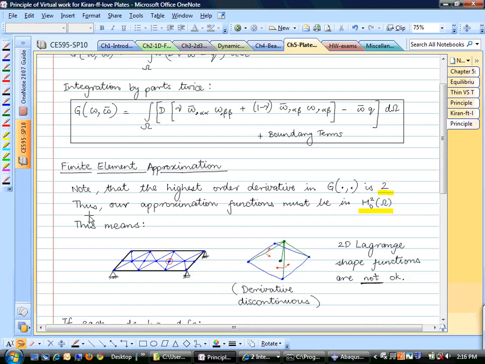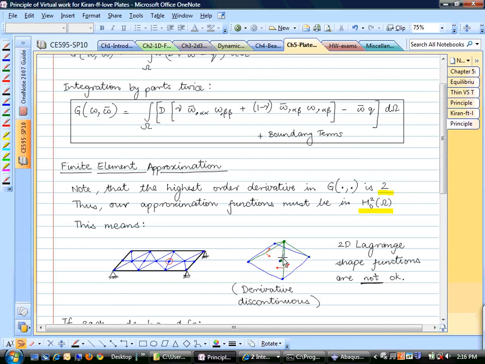So what that first of all means is that any approximation function, if we were to choose Ritz basis or if we were to choose finite element shape functions, you have to be able to take the second derivative of those shape functions and they have to be square integrable. Meaning, if you were to discretize this plate with finite elements like this and consider this node, the shape function for this node from our two-dimensional finite elements would be something like this, a tent shape function.